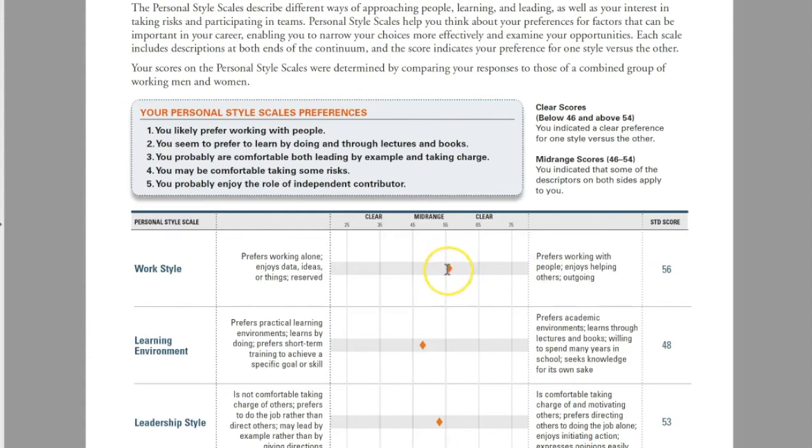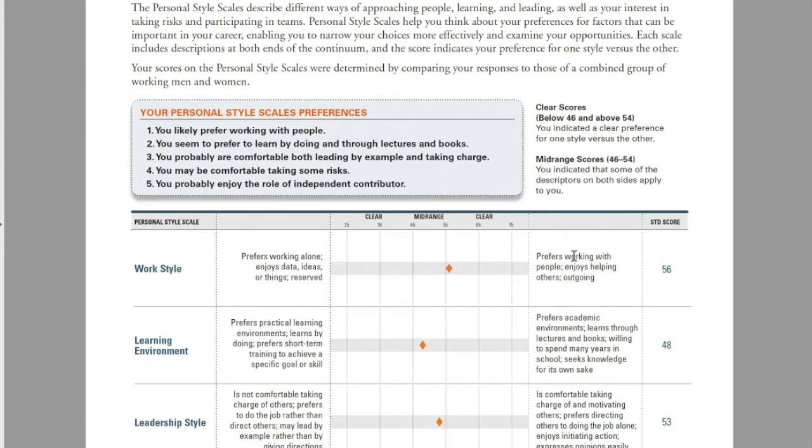The diamond right here indicates your preference for one style versus the other. So in this example report, you can see the score is not mid-range, but slightly more toward the clear side of prefers working with people.